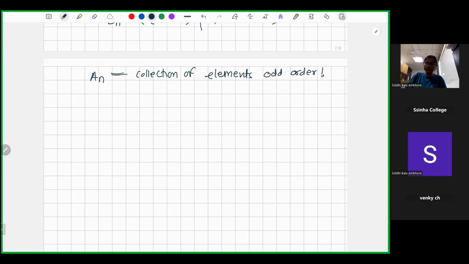It is also called the elements which are a product of an even number of transpositions.